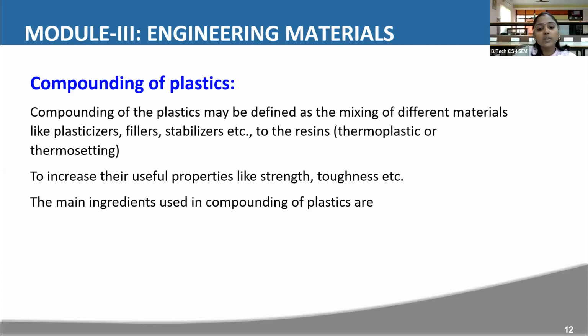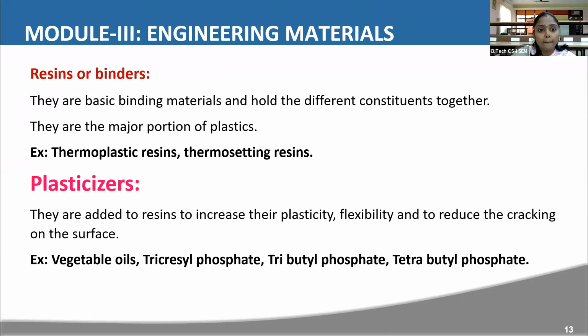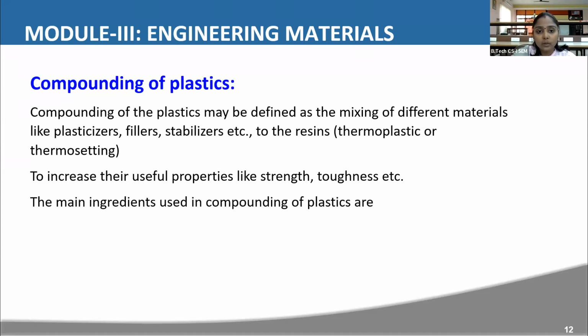The main ingredients used in compounding of plastics are resins or binders. Compounding of plastics is a mixing of different materials, plasticizers, fillers, stabilizers. These we can prepare by using thermoplastic and thermosetting, and it increases the strength and toughness.